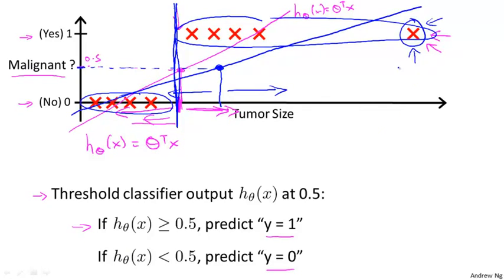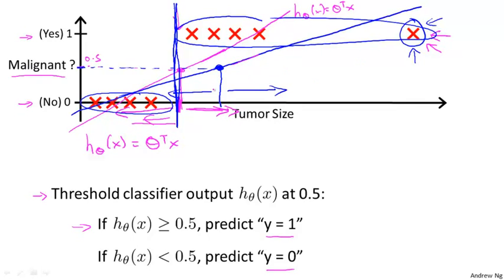But somehow adding that example caused linear regression to change its straight line fit to the data from this magenta line out here to this blue line over here, and caused it to give us a worse hypothesis. So applying linear regression to a classification problem often isn't a great idea.